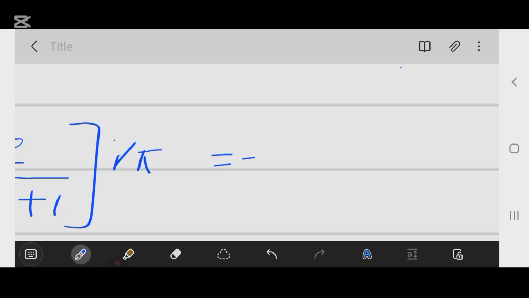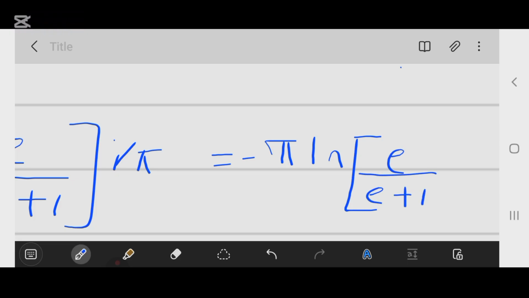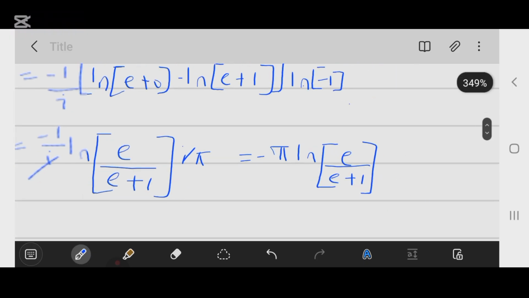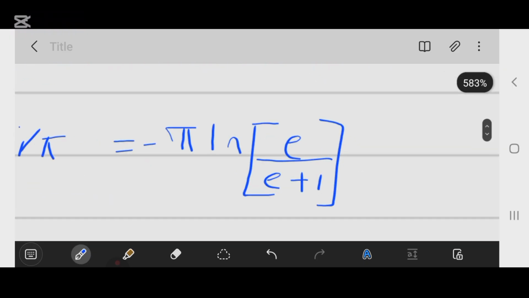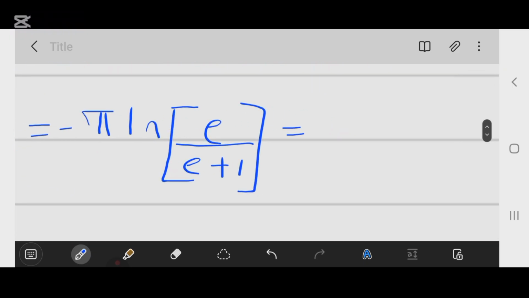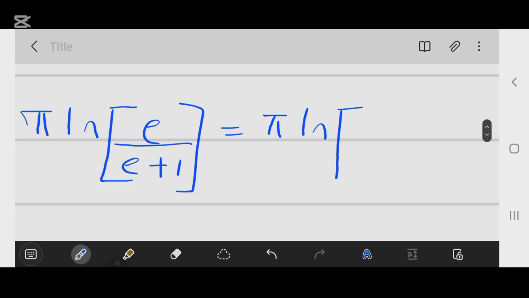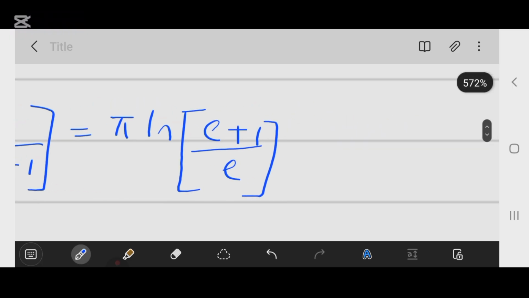Therefore, I'm left with... Now remember the reciprocal law of logarithm, where a negative sign flips the position of the fraction. And one more step.